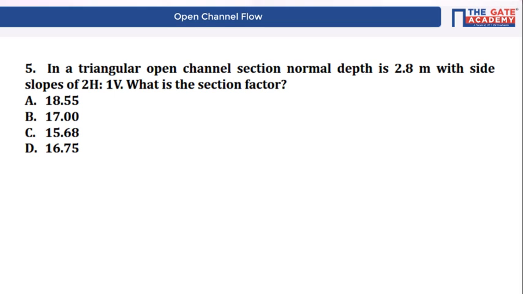It means 2 meter horizontal and 1 meter vertical. They try to give you the slope of that section. Then they are asking what is the section factor. Options are A equal to 18.55, B is 17.0, C is 15.68 and D is 16.75.